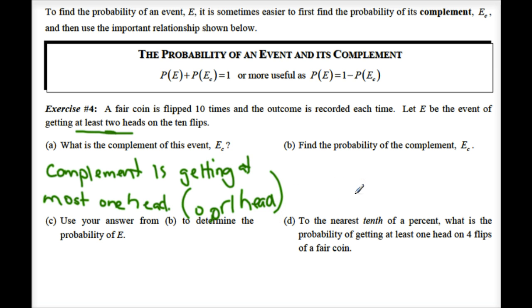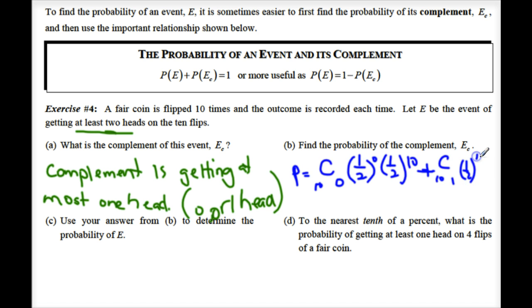Now find the probability of the complement. So we already know what the complement is, so we want to find the probability. The probability of getting 0 heads is 10 choose 0, (1/2) to the 0, (1/2) to the 10, plus the probability of getting one head, which is 10 choose 1, (1/2) to the 1 and (1/2) to the ninth.